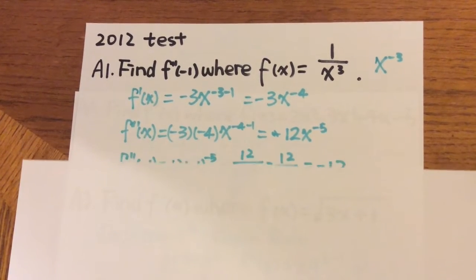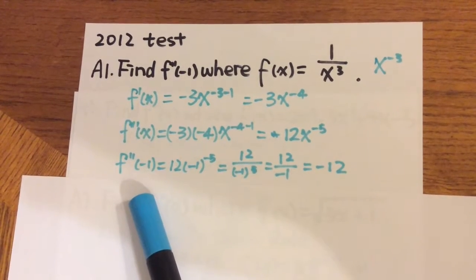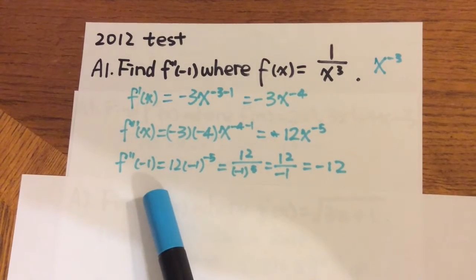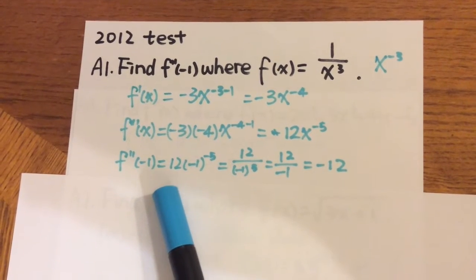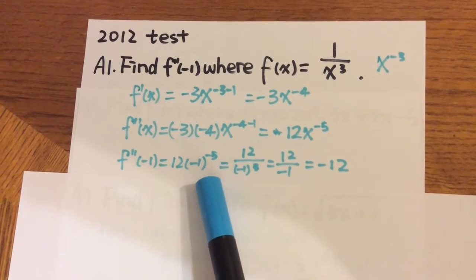Finally, we get f double prime of minus 1 by putting minus 1 into the equation, and it is equal to 12 times minus 1 to the power of negative 5.